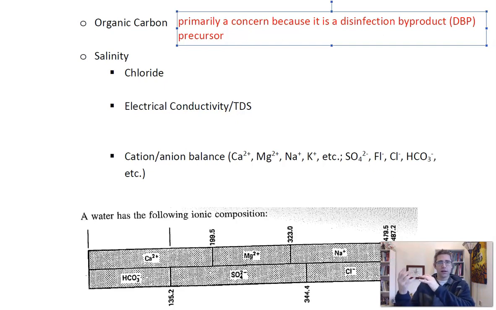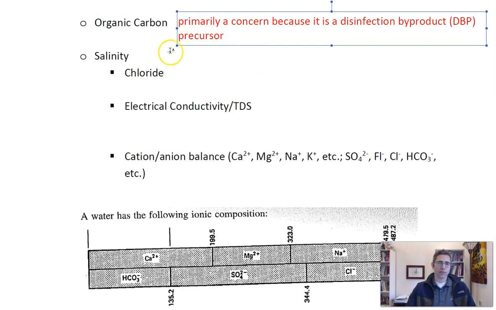Methane contains a carbon, and that doesn't come from the chlorine, which is just chlorine or sodium hypochlorite or something like that. The carbon comes from the organic carbon. So the more organic carbon you have, the more likely you're going to have disinfection byproduct formation when you chlorinate. So too much organic carbon in the water could be a concern for drinking water.